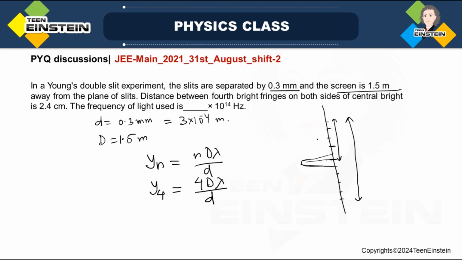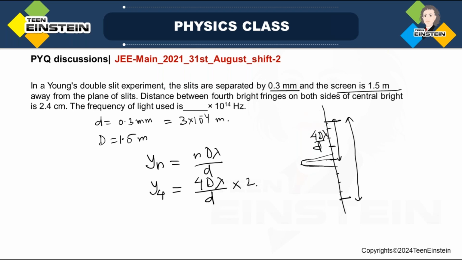Now I have to take the distance between these two. So this much is actually 4 d lambda by d. Then the distance between this fourth bright fringe from both sides will be actually 4 into 2.